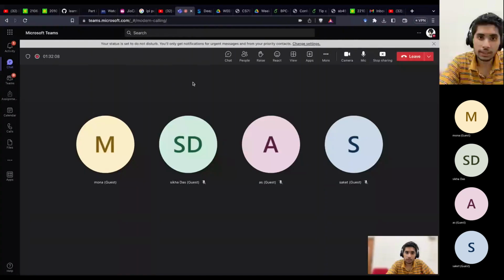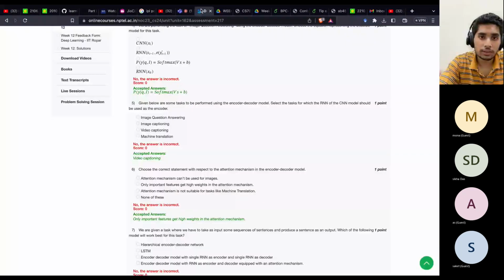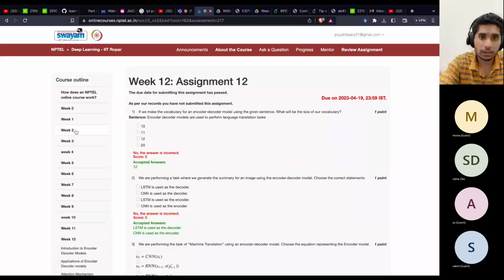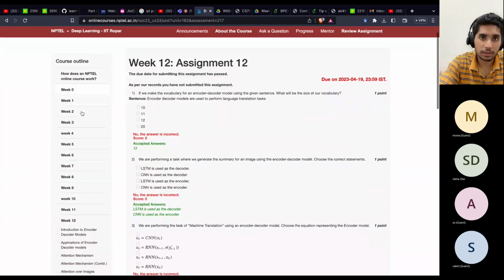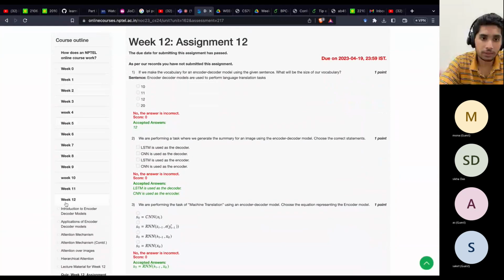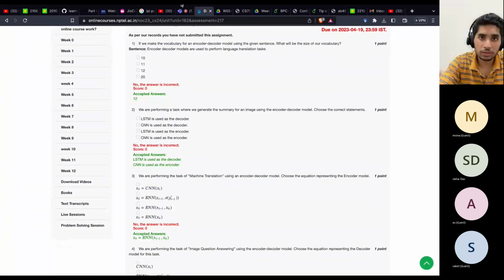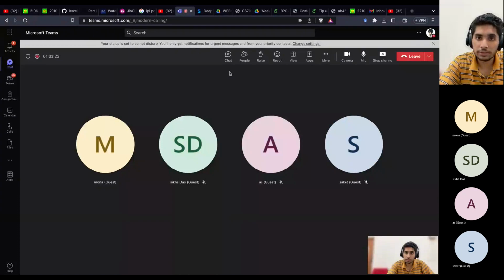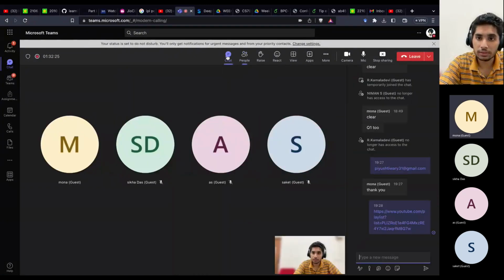So maybe I will share the screen and show you. I hope the screen is visible, right? So this is your regular deep learning NPTEL portal. Can someone confirm if this is visible or not?